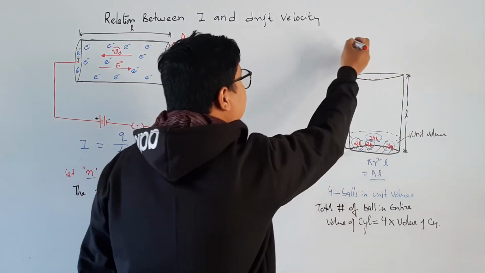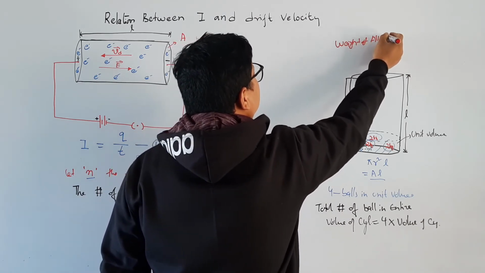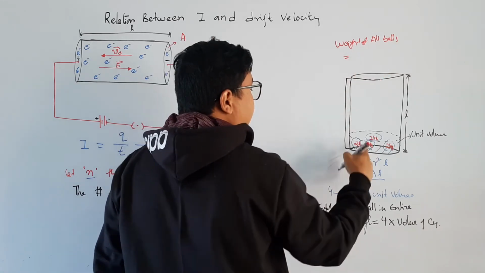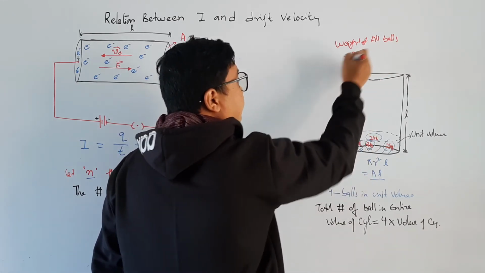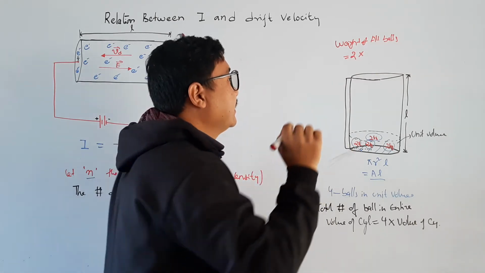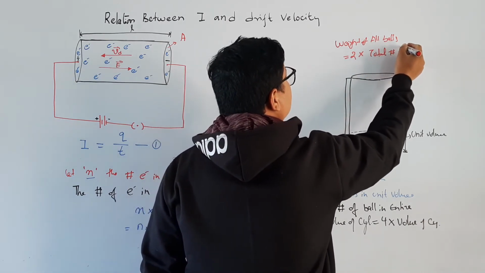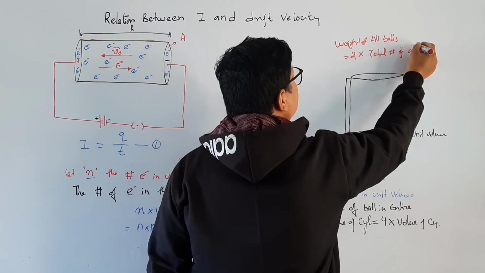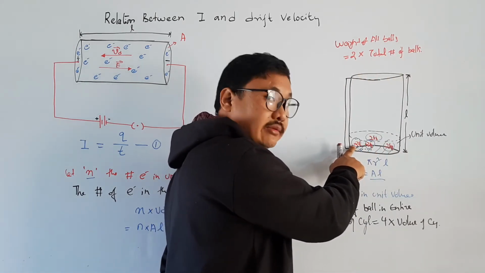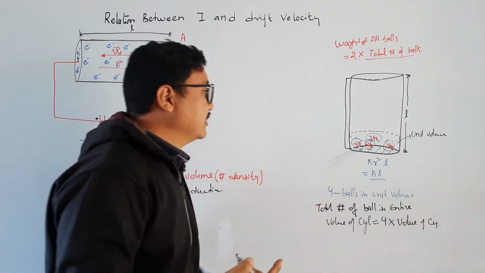The weight of all balls is 2, the weight of one ball, multiplied by the total number of balls. If I multiply the weight of one ball with the total number of balls, I will get the total weight of the balls in the cylinder.